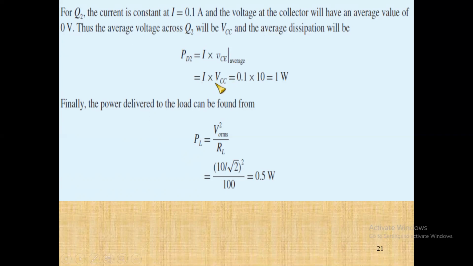I into VCC, since I is always flowing through Q2, and that will be 0.1 into 10 equal to 1 watt. So finally, the power delivered to the load will just correspond to V0 RMS squared by RL, and V0 RMS squared will be 10 divided by root 2, whole squared, divided by 100. That will give us the value of 0.5 watts.